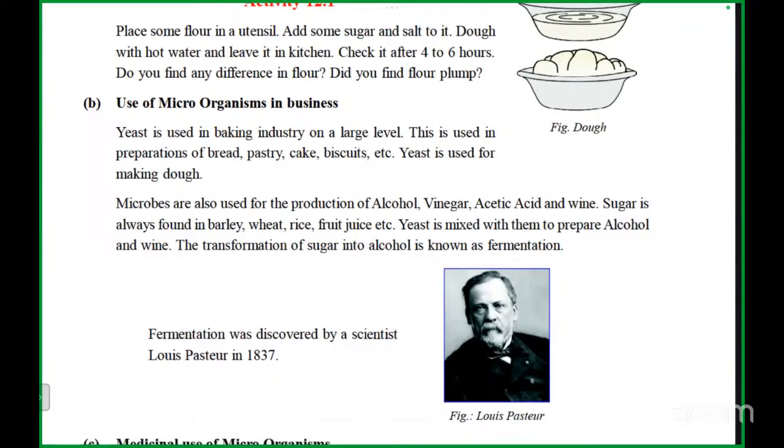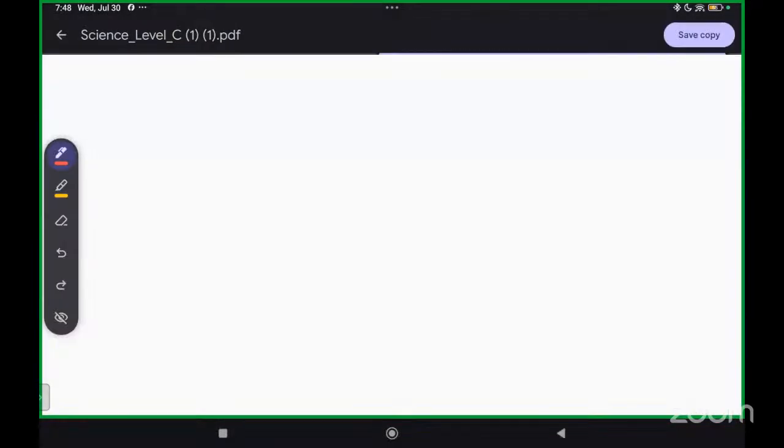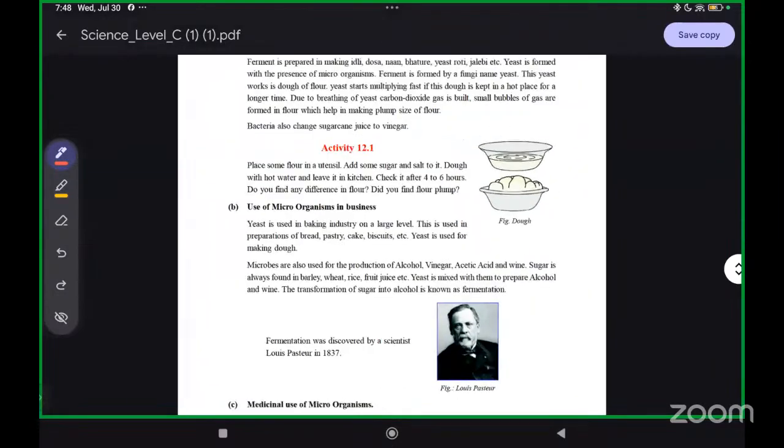So this process in which yeast is mixed with these things to prepare alcohol, when the transformation of sugar to alcohol takes place, it is known as fermentation. Understood? It is known as fermentation.